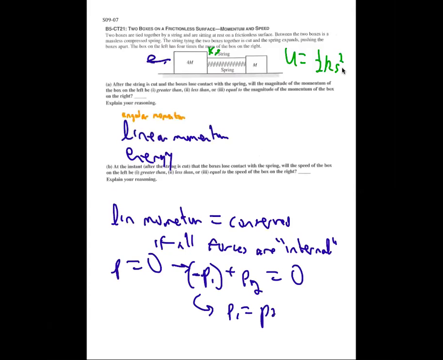Once you know that the size of the momentum is going to be equal, then it's pretty easy to see that the heavier guy has to move slower, because for each of them, P is mv. So if this is a constant number and this has gotten larger, then that must get smaller.